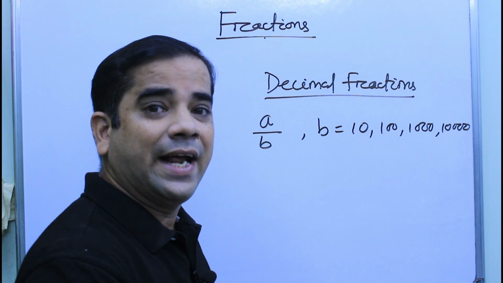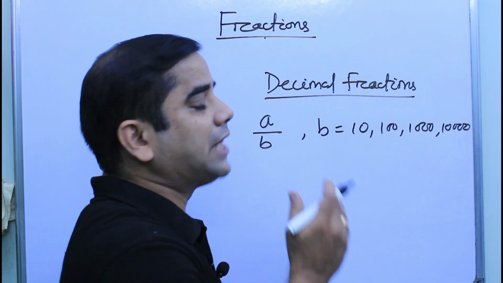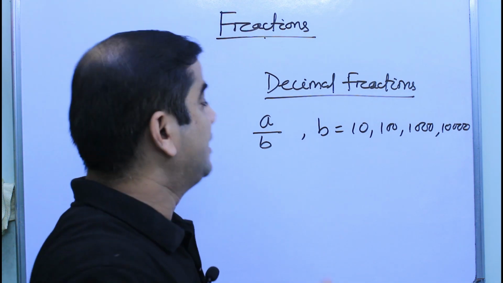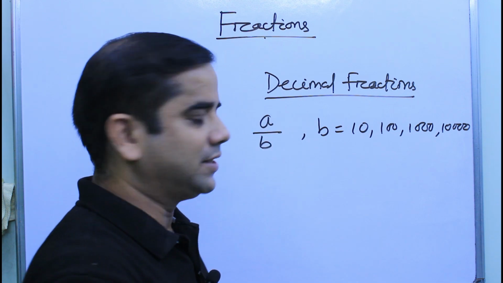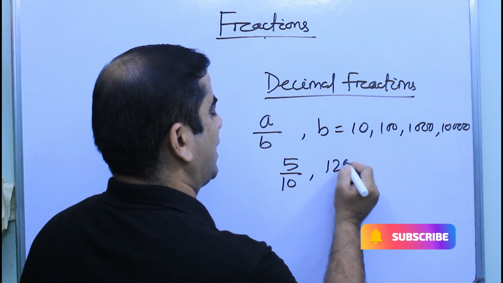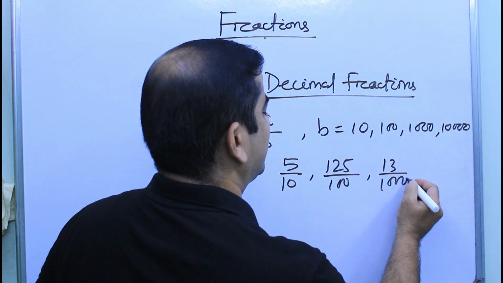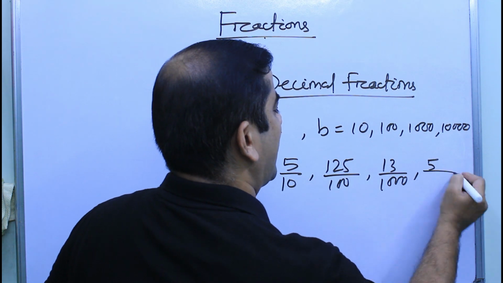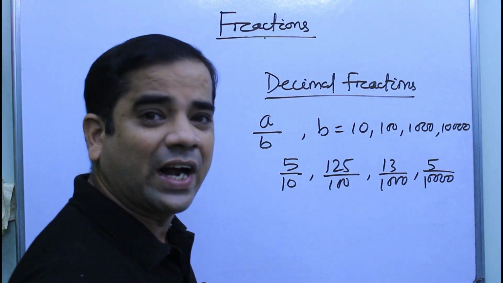So if you find any fraction with denominator that is either 10, 100, 1000, 10,000 and so on, then you will call that fraction a decimal fraction. For example, 5 by 10, 125 divided by 100, 13 by 1000, 5 by 10,000. All these fractions are decimal fractions.